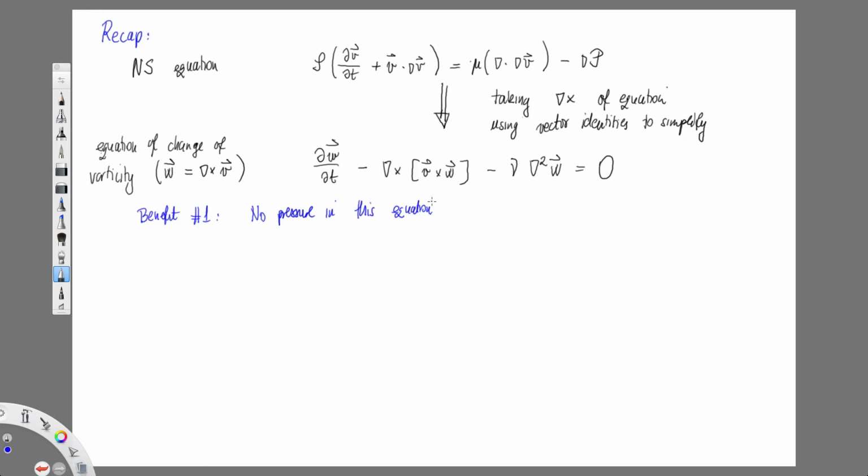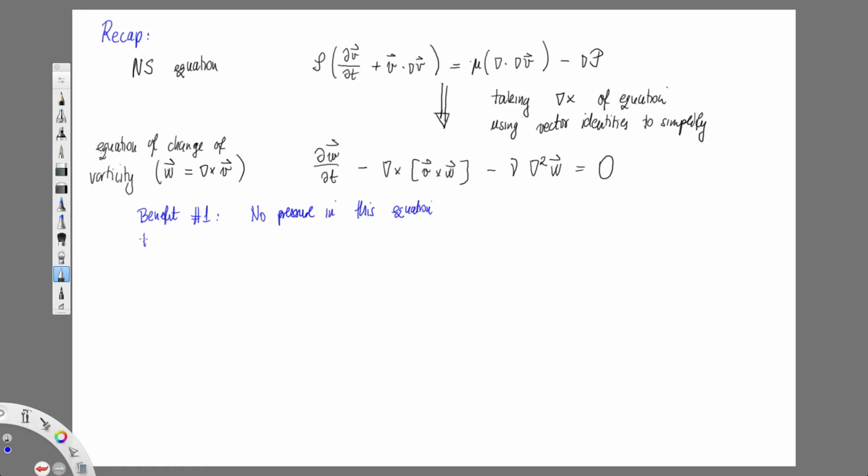So if we solve this equation, we would get the velocity field, and then I can plug the velocity field into the Navier-Stokes equation, and with some boundary conditions, I can figure out what the pressure is. You can see the gradient of pressure in the Navier-Stokes equation, so it's not a necessarily difficult thing to solve once you have the velocity field.